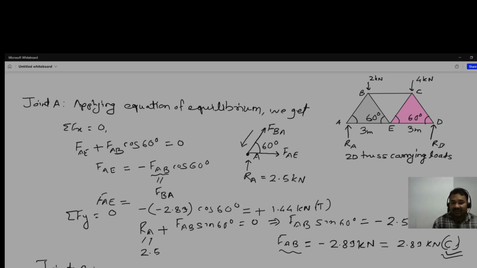So for joint B, this is the joint B, and this is the force 2 kilonewton.